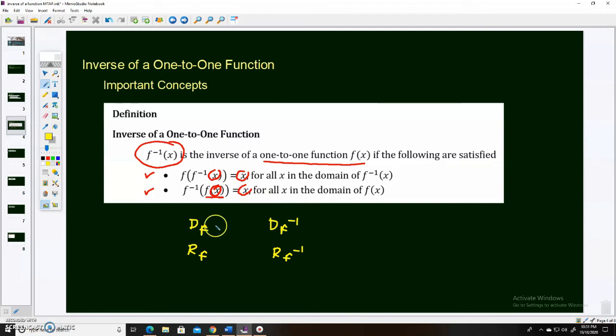So the domain of the given function is the range of the inverse, and the domain of the inverse is the range of the original function, because of the definition.